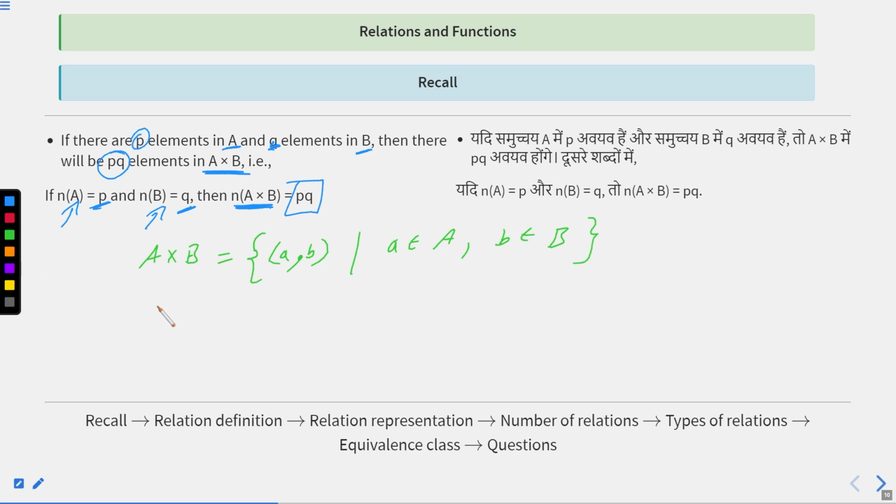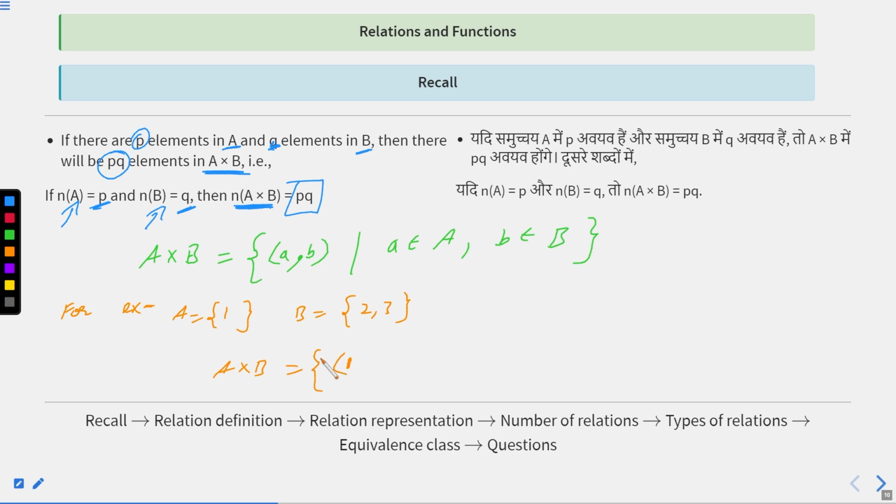For example, A is just this and B is this. Then how will you write A cross B?